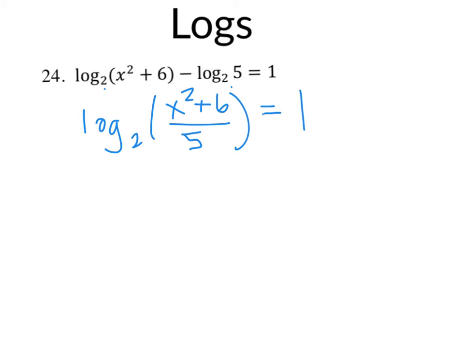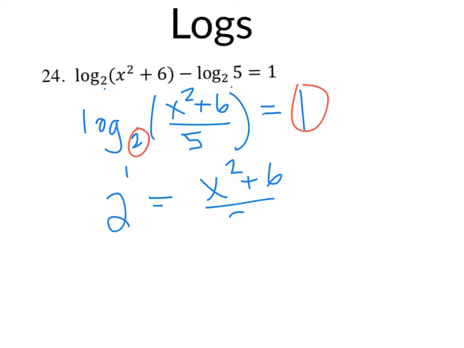So with our exponent, this is the base to a number, right? So that means base 2 to the 1 equals the number, which is x squared plus 6 over 5. Then we can just multiply 5 by both sides.